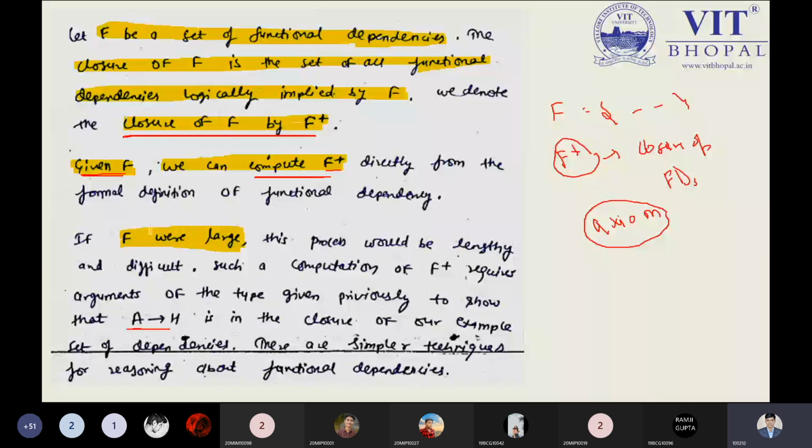Then we have to check the possibilities between each and every functional dependency. It takes much time. So when F is large, the process of computing the F closure will take much time.